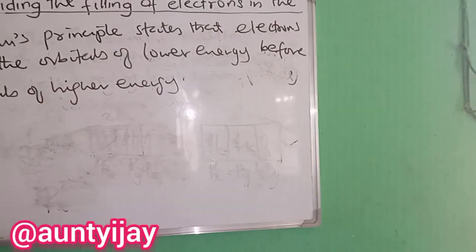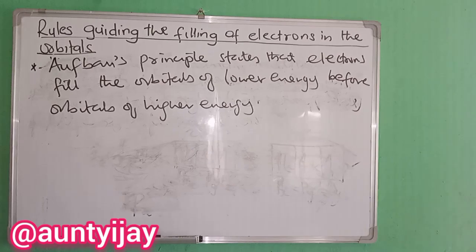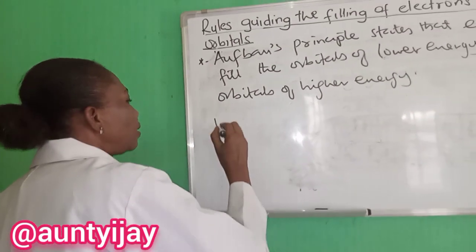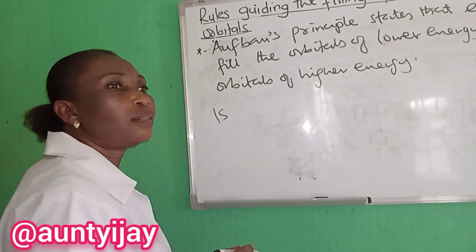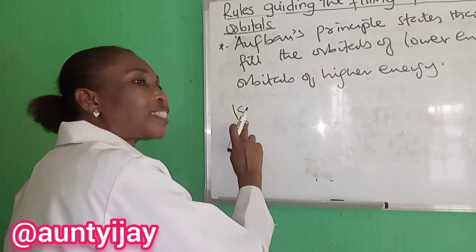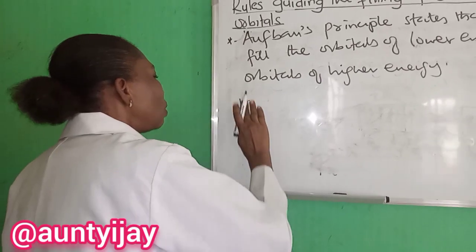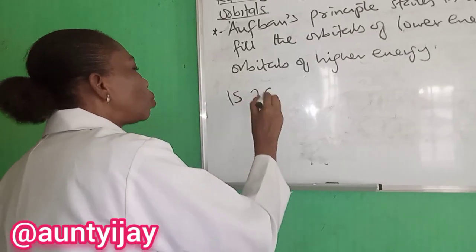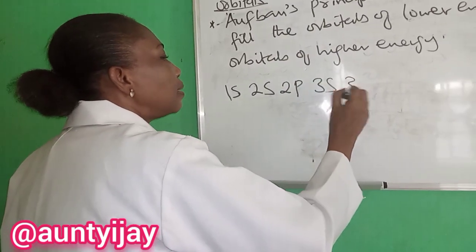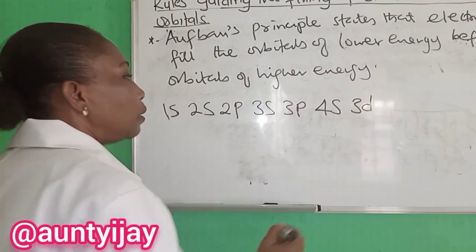Now, how do you know orbitals that are of lower energy and those that are of higher energy? We arrange them. We have 1s orbital, that is the first shell. The only orbital it has is at the lowest energy. We arrange it like this: 1s, 2s, 2p, 3s, 3p, 4s, 3d.